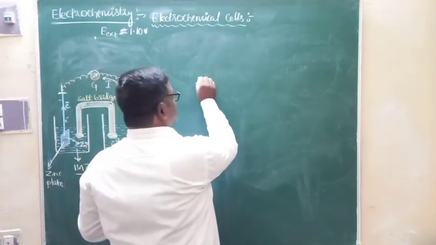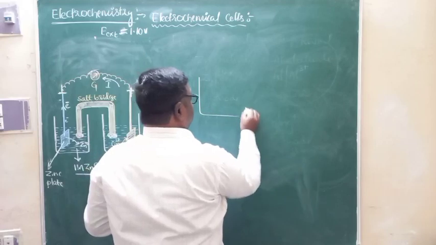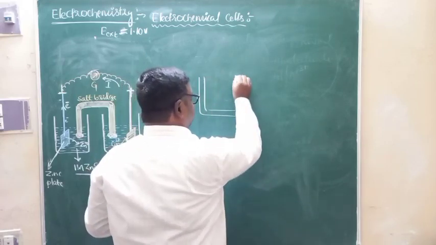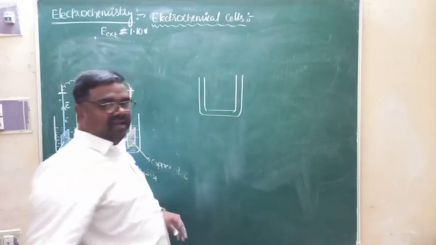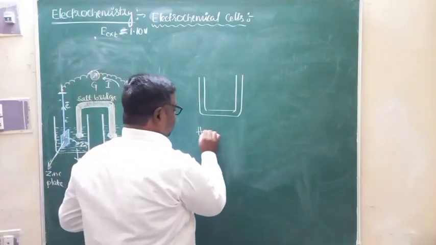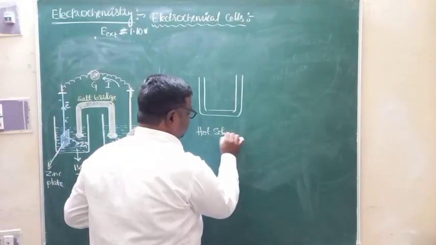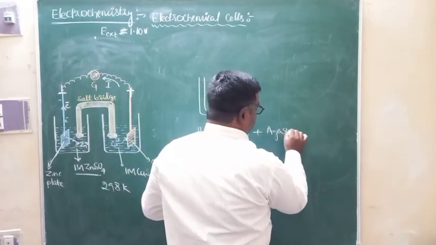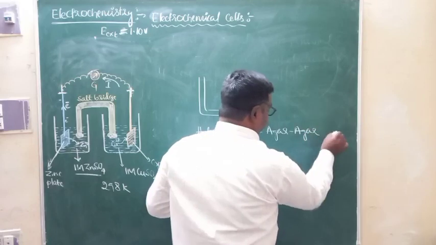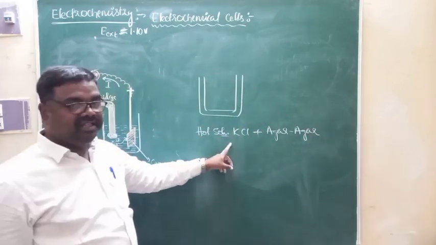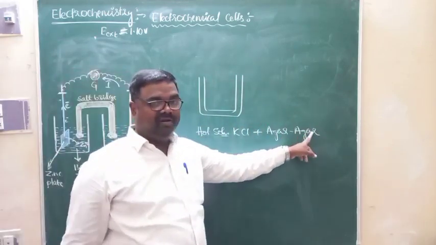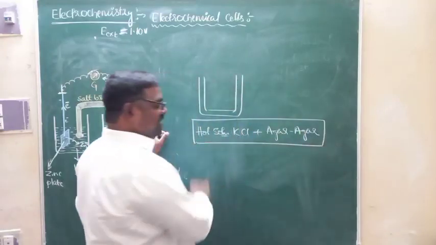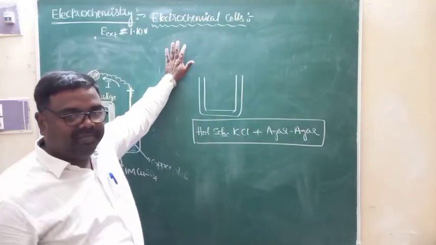As far as the salt bridge is concerned, it is a U-shaped glass tube in which the hot solution of KCl is mixed with agar powder. And this mixture is in a liquid state at higher temperature.